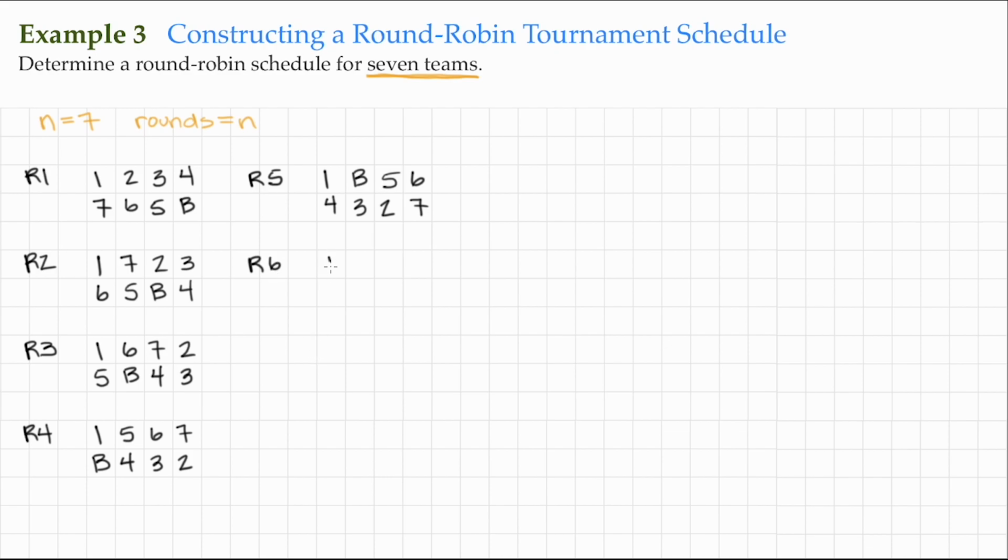Round 6, there's our anchor team. 4, there's the bye. Team 5, 6, 7, 2, and then 3. And again, since it's an odd number of teams, the number of rounds is going to match the number of teams. So we're going to have 7 rounds.